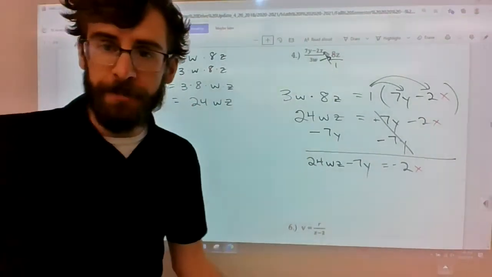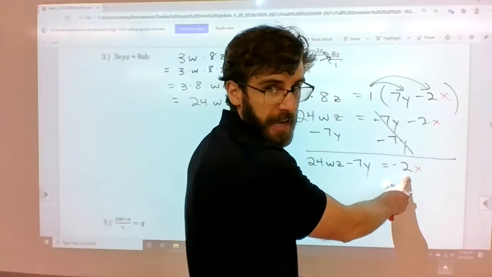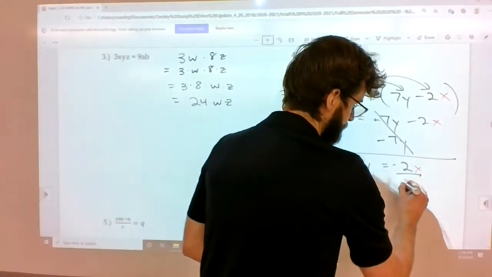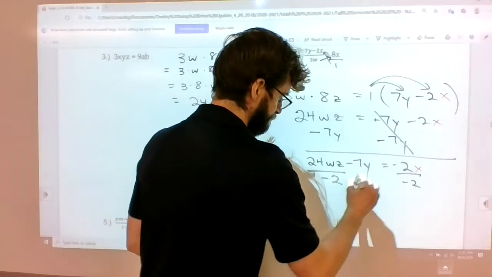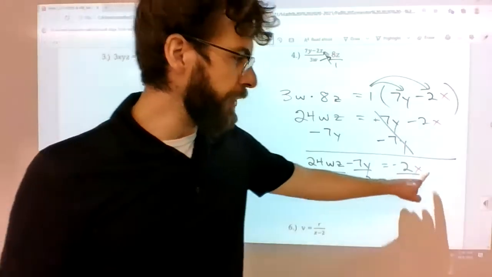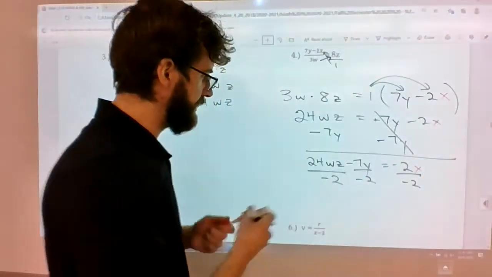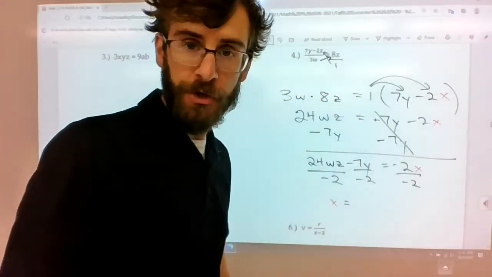All right, and then we're pretty much done. We just got to divide by the thing that's multiplied by the red x. Divide the right by negative 2, and divide the left by negative 2. So I'm going to rewrite this with x on the left-hand side. Remember, that's the symmetric property. You can do that.